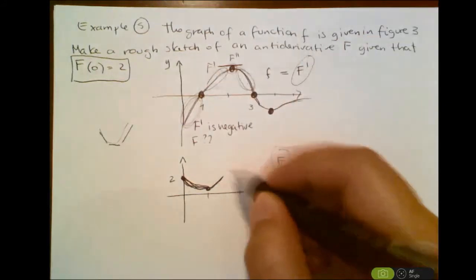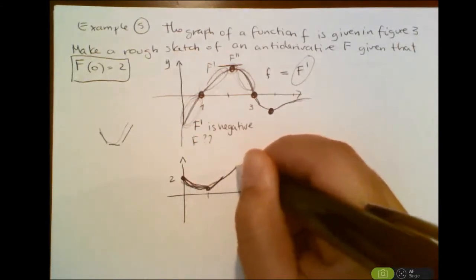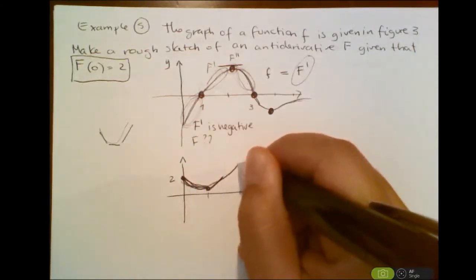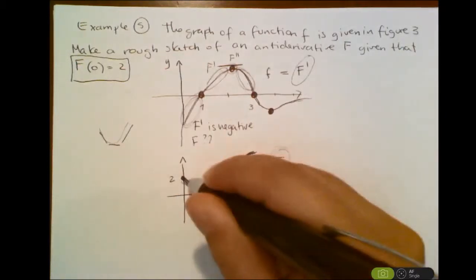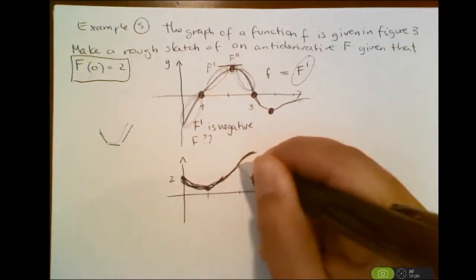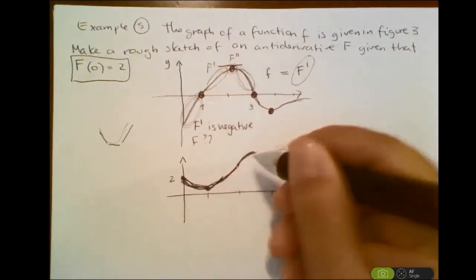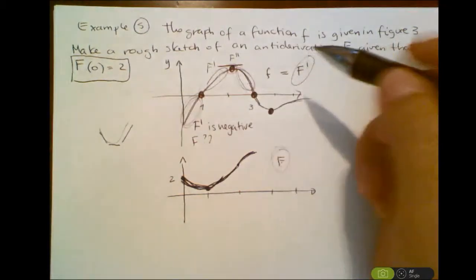So all the way up to 2 it concaves up, and then at 2 it changes and starts concaving down. Now at 3 we also have an extremum.